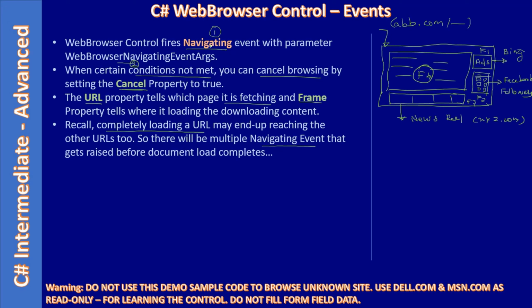When we talk about navigating, the web browser control is navigating abb.com, then it is navigating Bing, and after some point in time it is navigating Facebook followers, then it is navigating xyz.com to read the newsreel, right? So the URL property tells which page it is navigating, and the frame property tells in which frame it is reading the content and rendering it. Those details you can retrieve from WebBrowserNavigatingEventArgs.